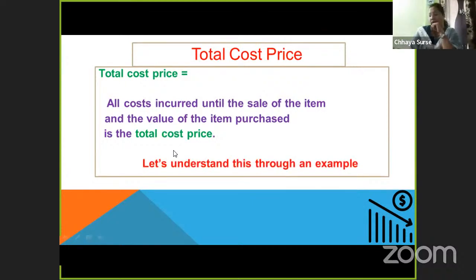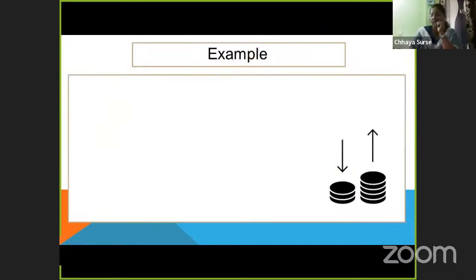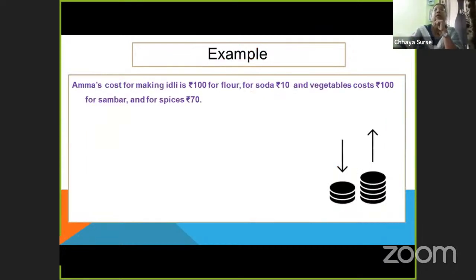Let's understand through an example. Here is Amma's idli sambar corner. In the idli sambar corner, Amma's cost for making idli: if she wants to make idli, flour is important, soda is important.